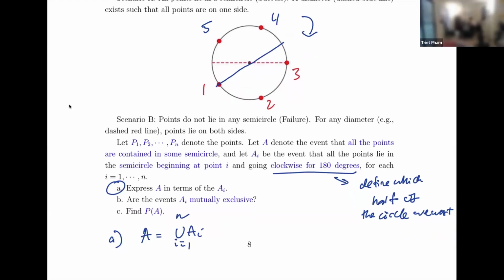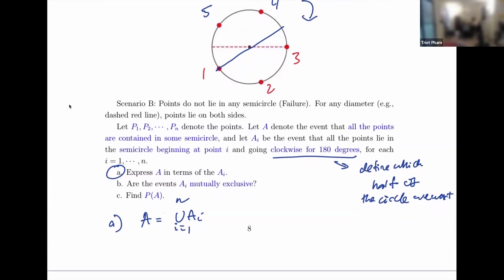How do we know this? Well, clearly, if A_i is successful, then A is successful. If you are able to draw a line through some point and have all the points lie in the clockwise semicircle, then all the points lie in some semicircle. But in the other direction, if A is successful, that means A_i is successful for some i.